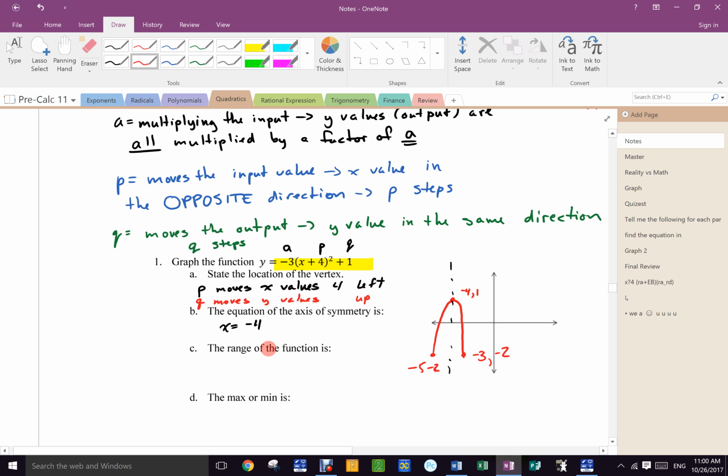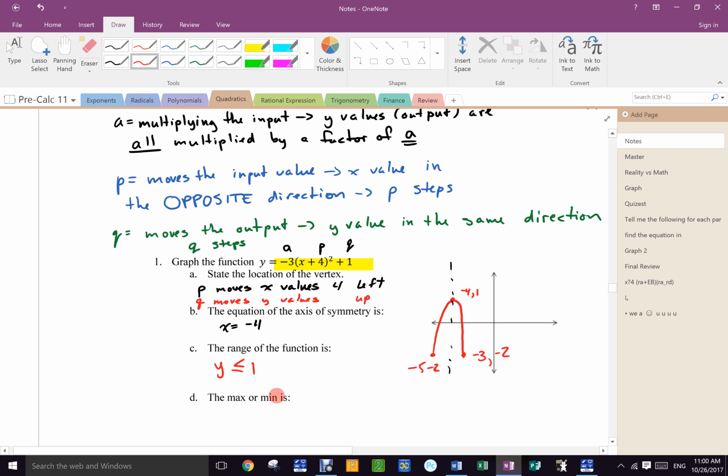Now, what's the range? Is range x's or y's? Y's. So what is the biggest y value I have? 1. So my range, my y's have to be what? Greater than or less than 1? Less than. Can they equal 1? Less than or equal to 1.